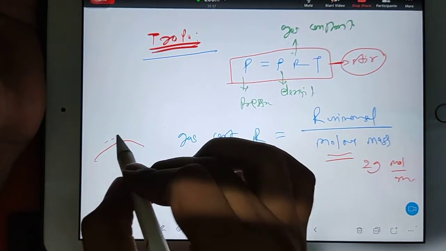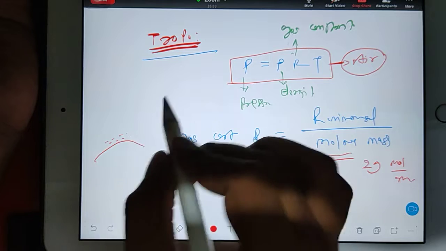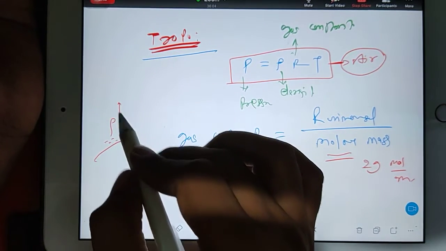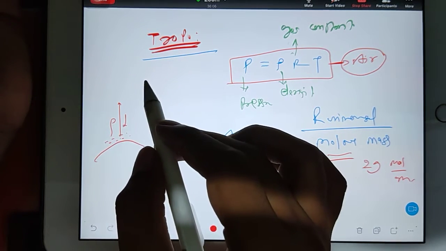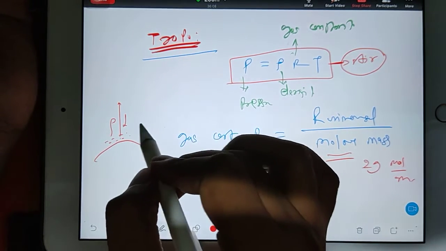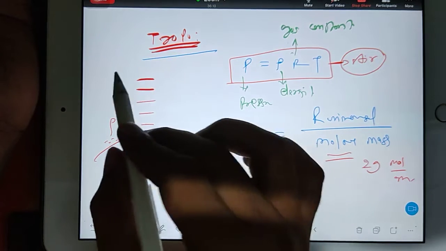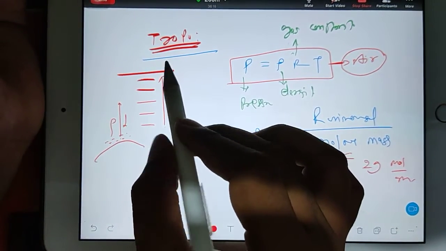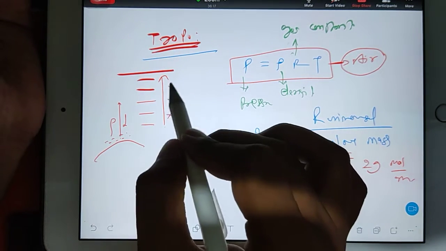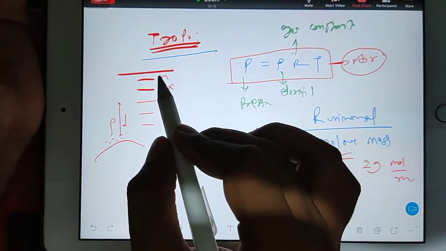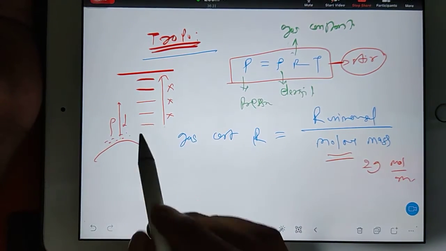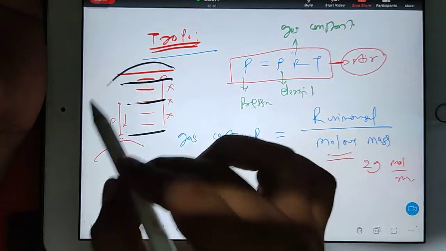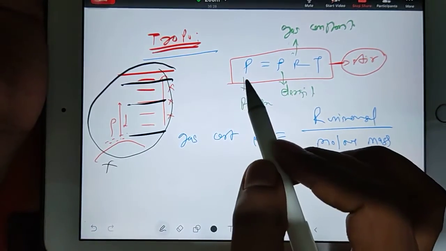Near the earth attraction is more, so density is more, and you can understand density variation in every atmosphere: when you go up, density will decrease. In the same way, pressure also: you are increasing in altitude. It means you are going towards the surface of the atmosphere, so you are decreasing your depth. If you are at less depth, then there is less pressure, and so on. Till this explanation I did not use a formula.